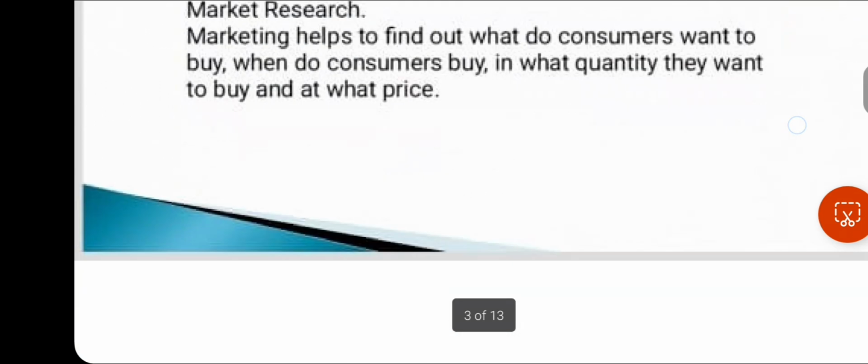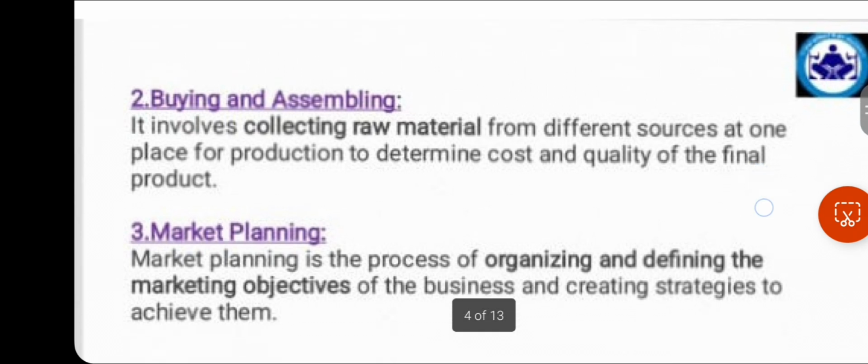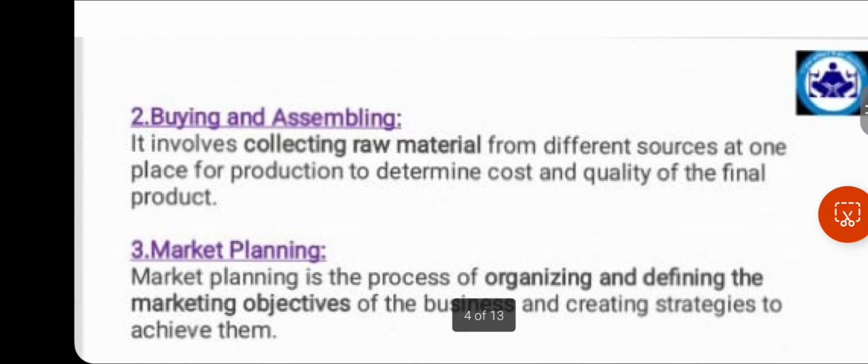Moving on to the next function, and that is buying and assembling. Buying and assembling involves acquiring raw material or components from various sources like online marketplaces, wholesale market, different manufacturers for production. The quality and price of raw material significantly impact the pricing of the goods.